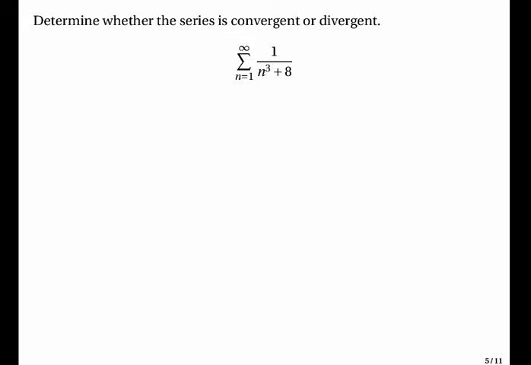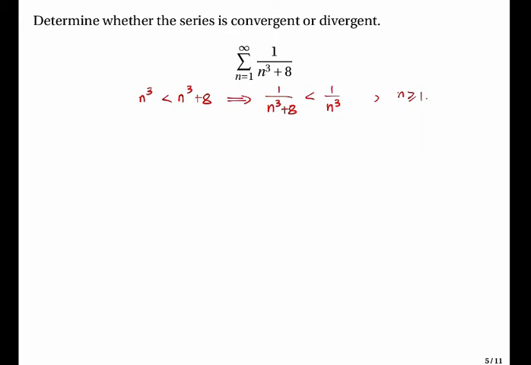Note that n cubed is less than n cubed plus 8, which means that 1 over n cubed plus 8 will be less than 1 over n cubed. And of course, here we are saying this for n greater than or equal to 1.